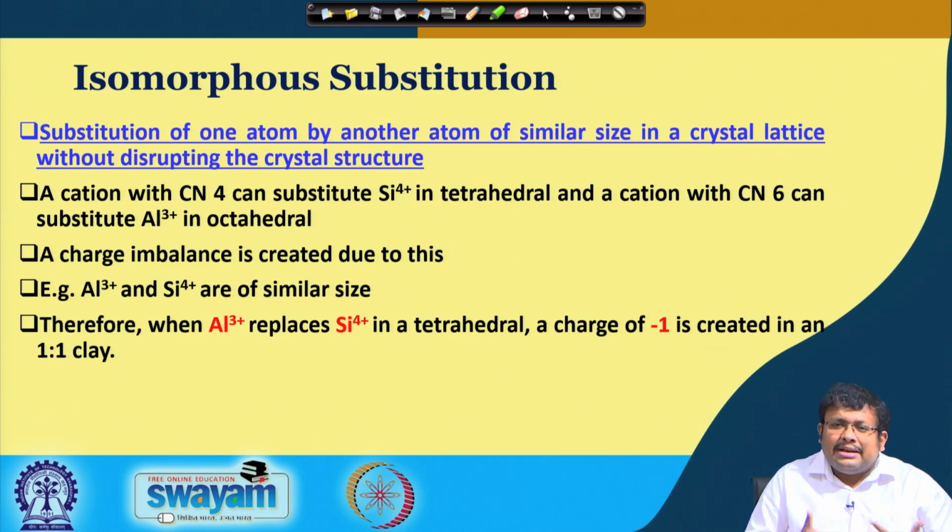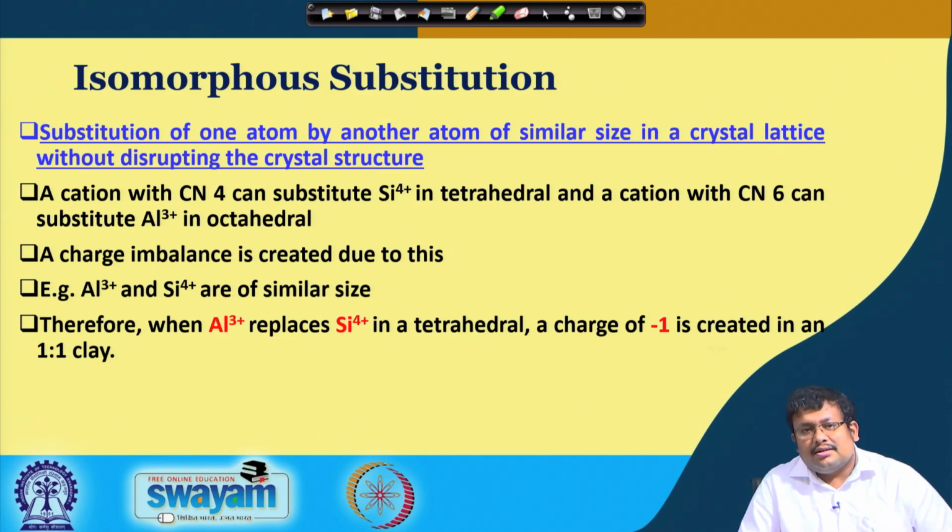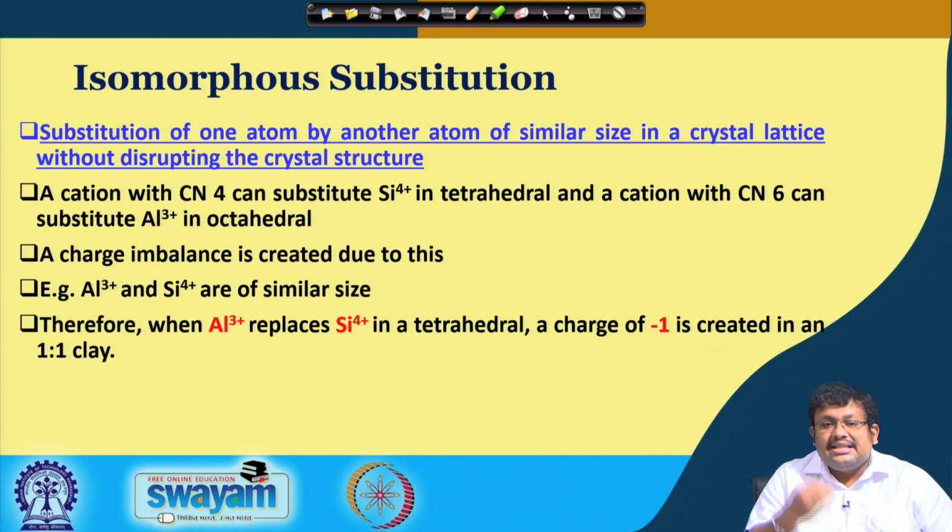Now, what is the implication of this isomorphous substitution? Remember, when we are substituting a cation with another cation of different valency, in the case of the tetrahedral sheet, when we are substituting a silica cation which has 4 valency with an aluminum cation with 3 valency, then obviously there will be a charge imbalance.